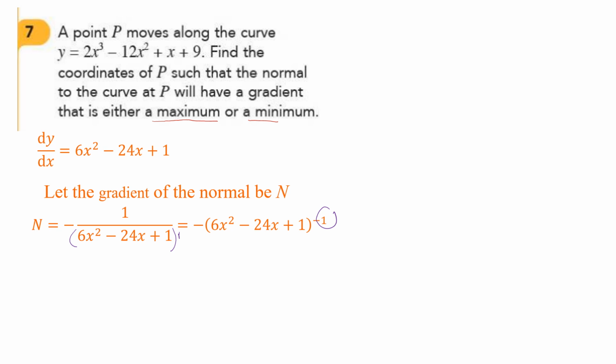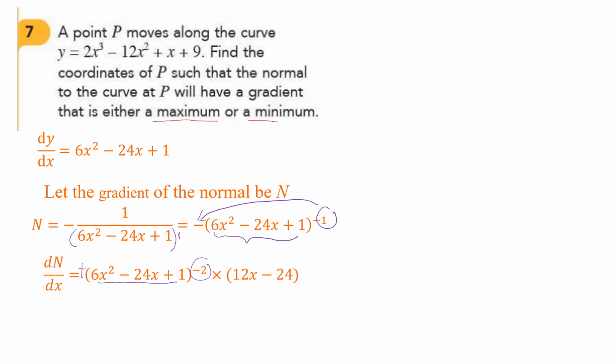So my dn over dx will be, if you bring the -1 down, negative times negative gives you positive. This one remains the same, and then -1 minus 1 gives you -2. Differentiate whatever is inside, that will give you 12x minus 24. Differentiate 1, you get 0.